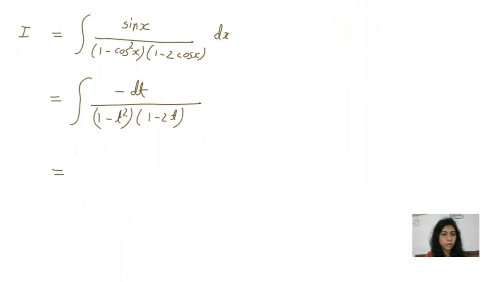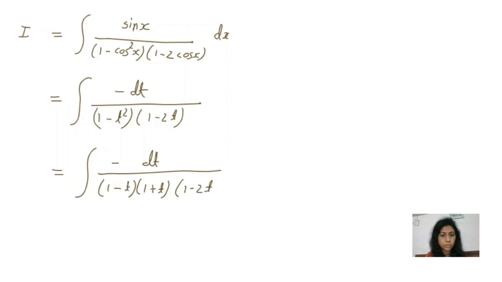Now we can write negative dt, and 1 minus t square we can factorize, so 1 minus t, 1 plus t, and 1 minus 2t. Okay, this fraction we can solve by partial fractions.